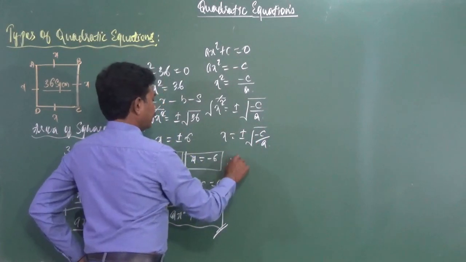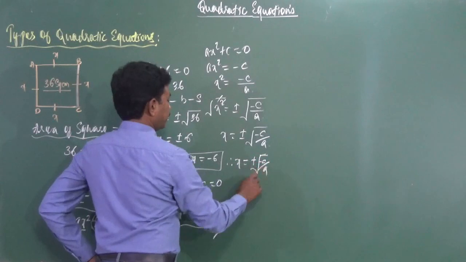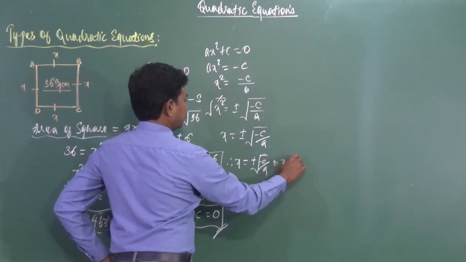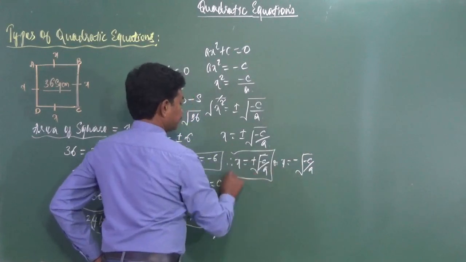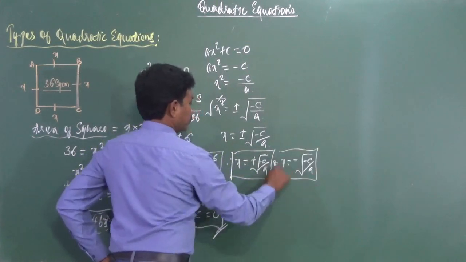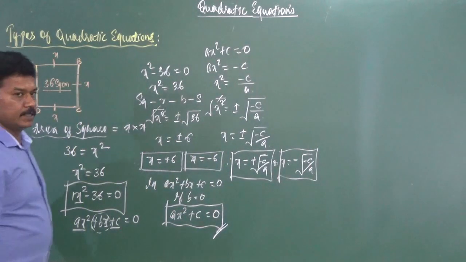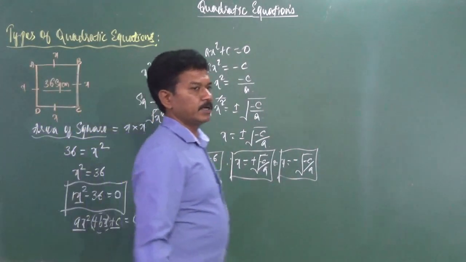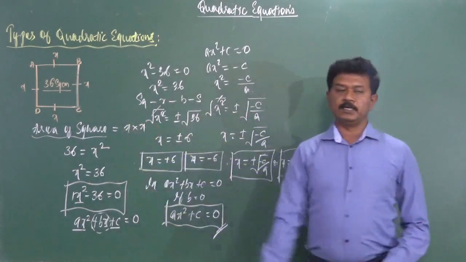Therefore x is equal to plus square root of minus c by a, or x is equal to minus square root of minus c by a. So these are the two roots of the pure quadratic equation. So the pure quadratic equation has two roots which are equal but opposite in sign. So this is regarding the first type of quadratic equation.